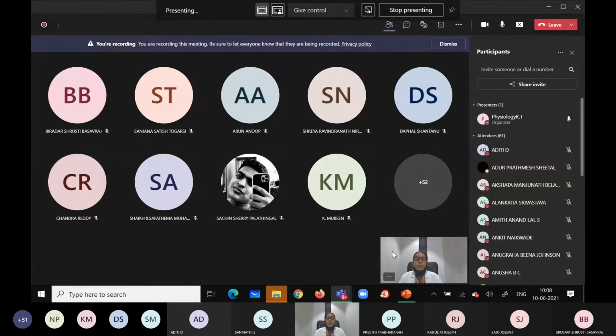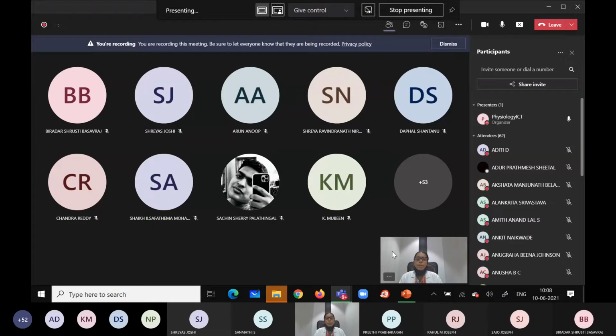What are the three phases of deglutition? Oral, pharyngeal, esophageal. Yes, oral phase, pharyngeal phase and esophageal phase of deglutition. In that, the oral phase is voluntary, whereas the pharyngeal and esophageal phases are involuntary.